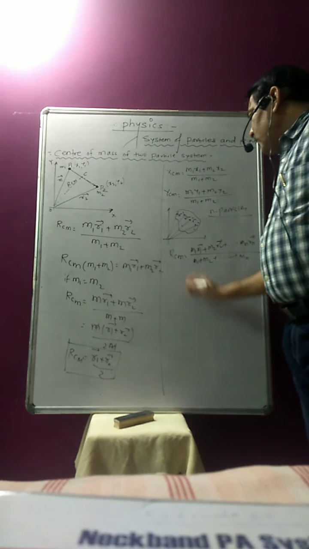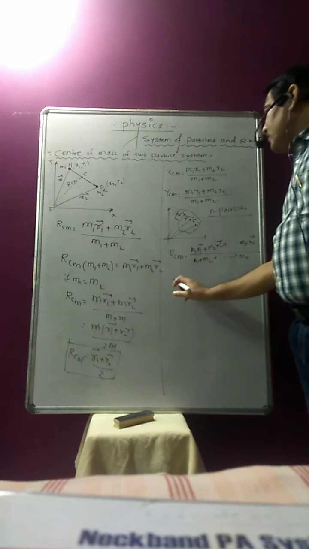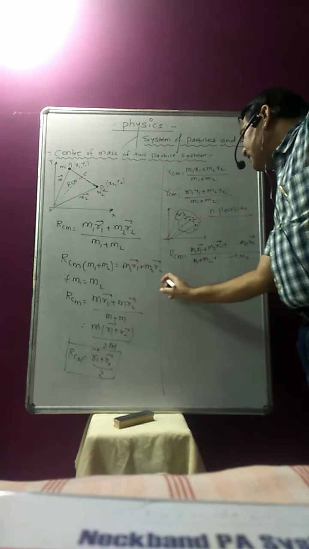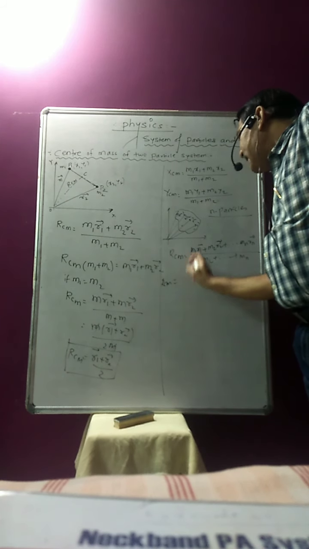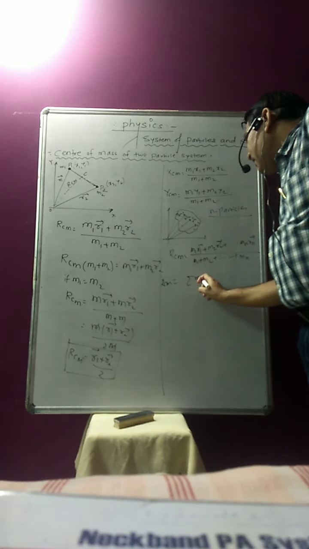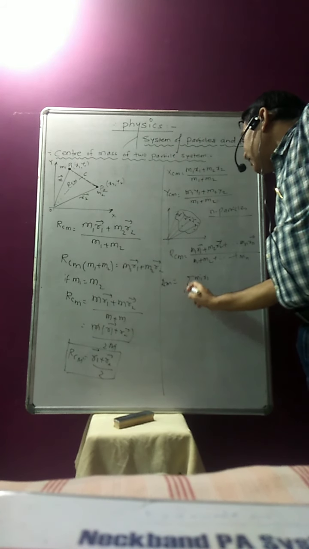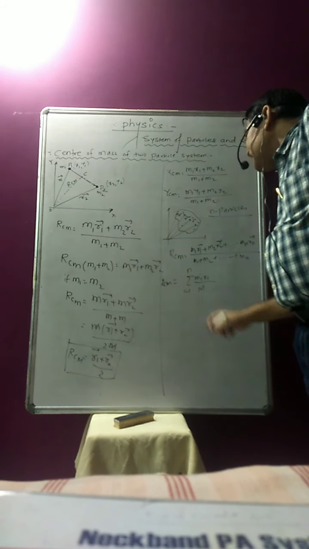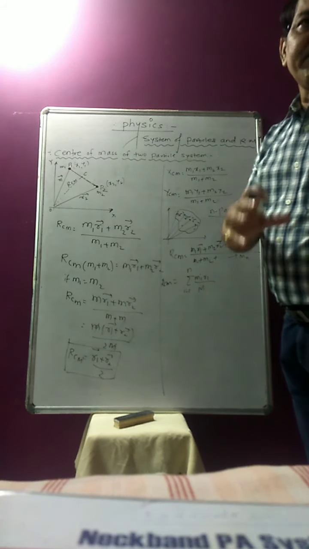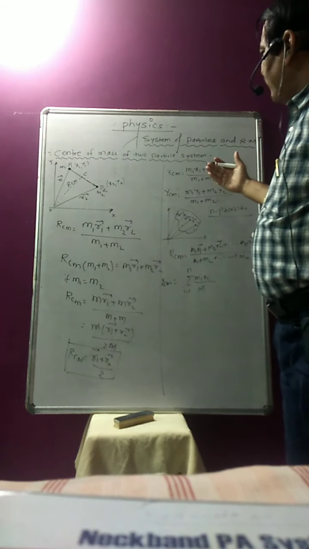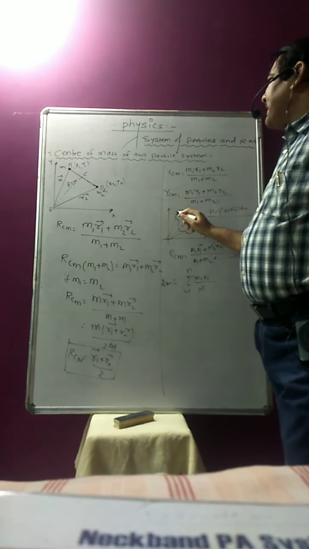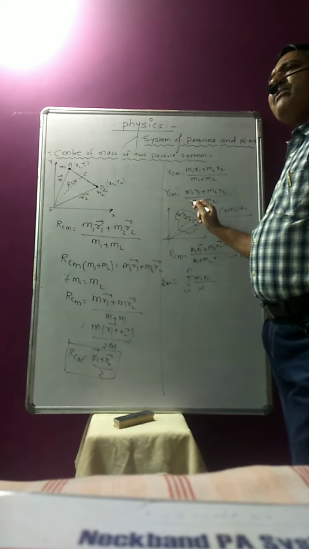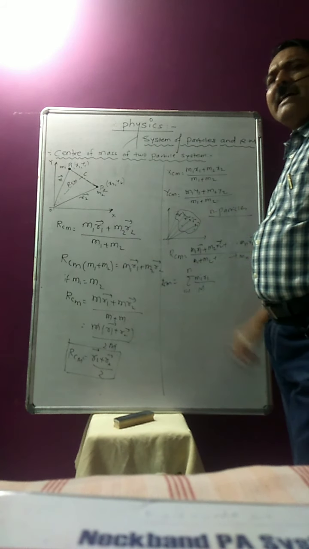Now, in short, the position vector of the center of mass can be written as the summation of mi ri, where i varies from 1 to n, divided by the total mass of the system, which is supposed to be M. Now suppose I want to write the same thing with coordinates x1 y1, x2 y2, x3 y3 and so on.